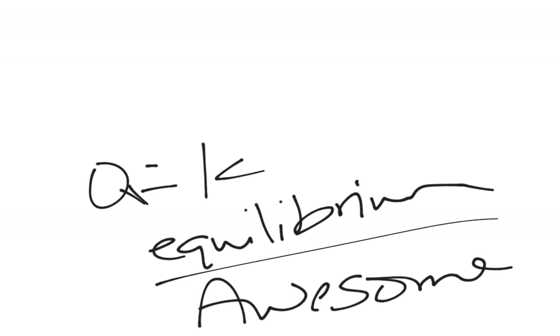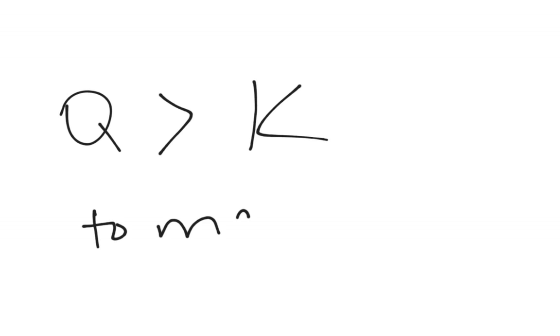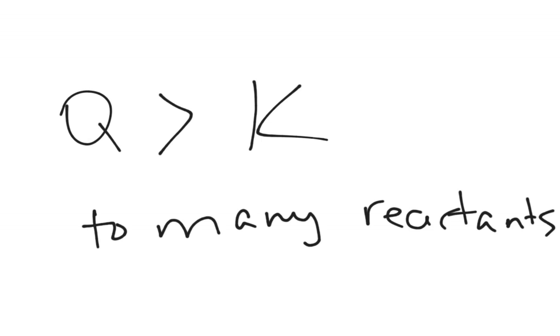Okay, if Q is greater than K, then I have too many products, and so my reaction is going to shift this way. So I'm going to end up with less products at the end when everything's all done, because that's what we're looking at.